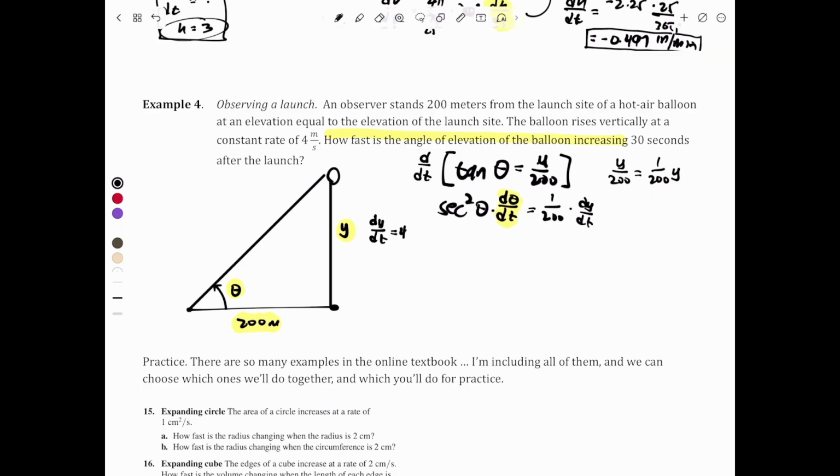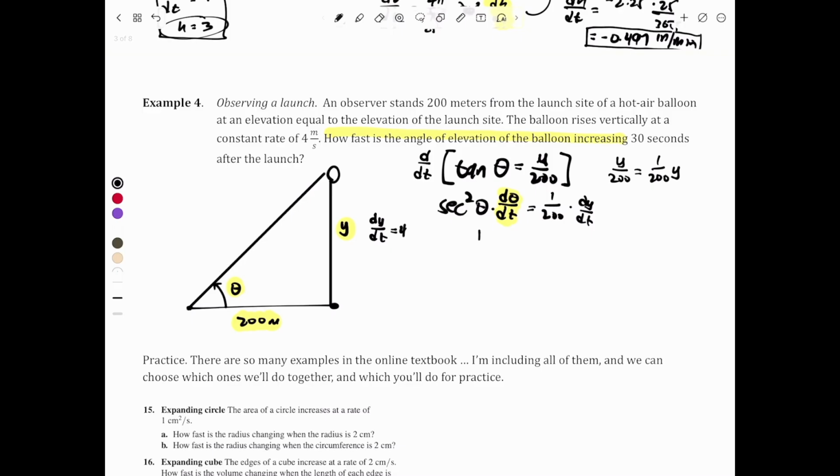So how would you do that? Well, I want to get rid of the secant squared. I guess I could divide by secant squared. Let's do that. So d theta/dt equals 1 over 200 secant squared theta times dy/dt, which I put in the top because it's being multiplied.